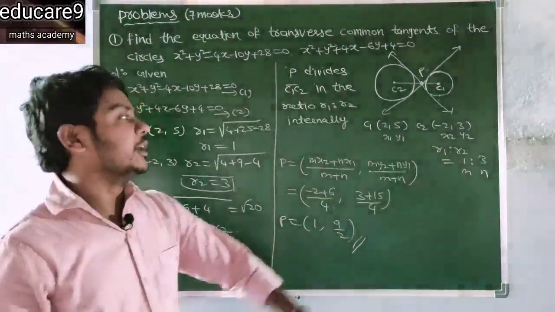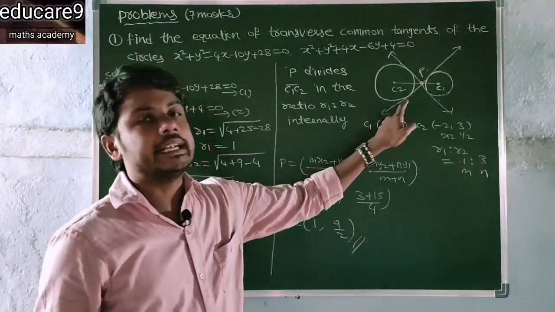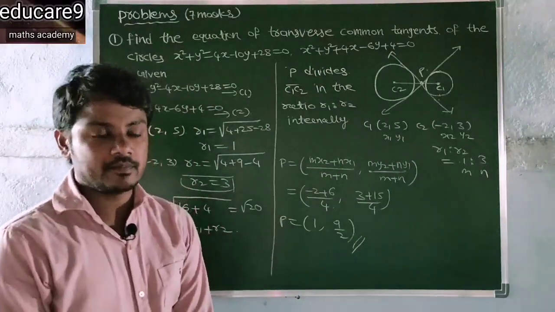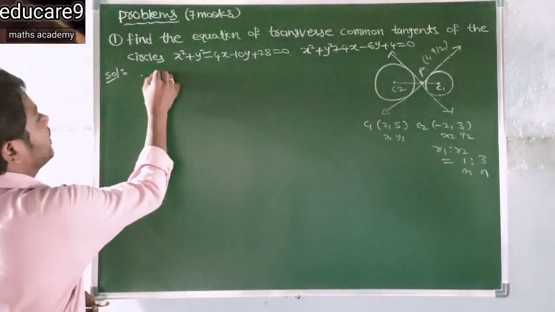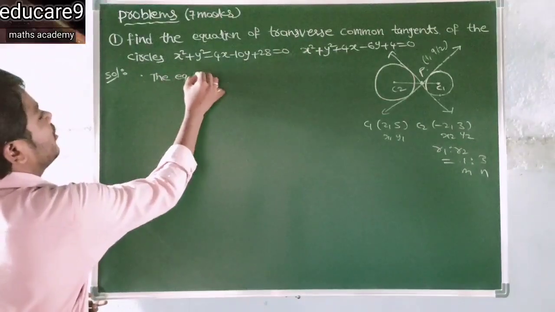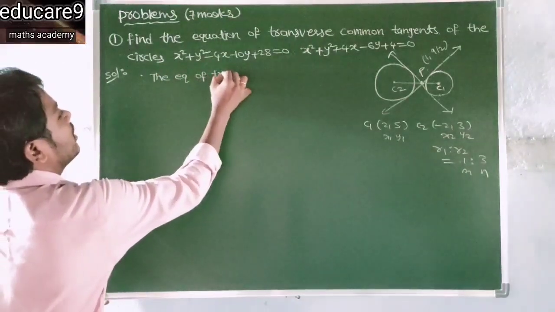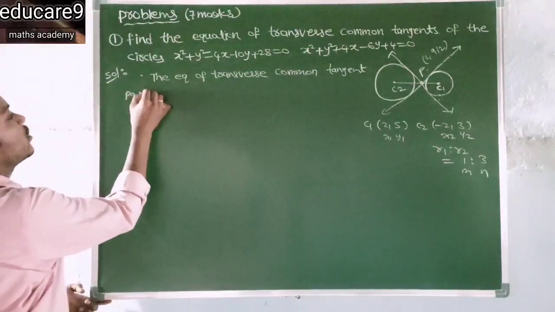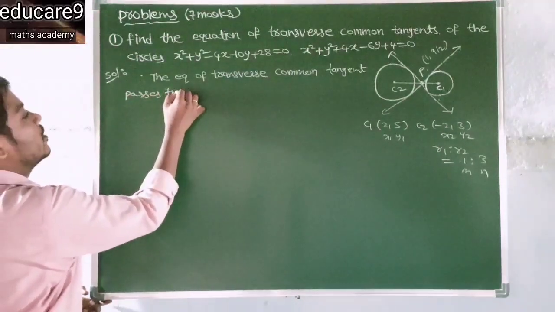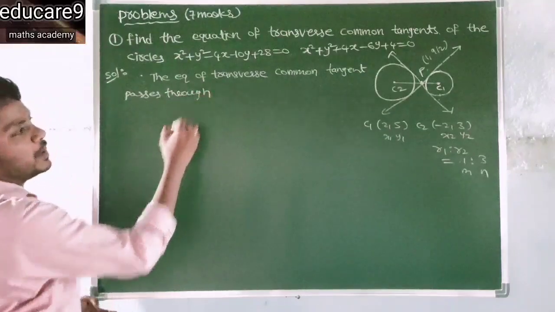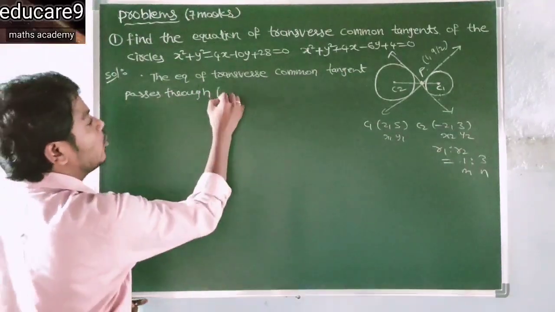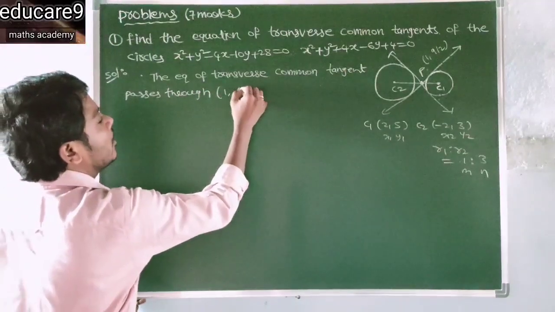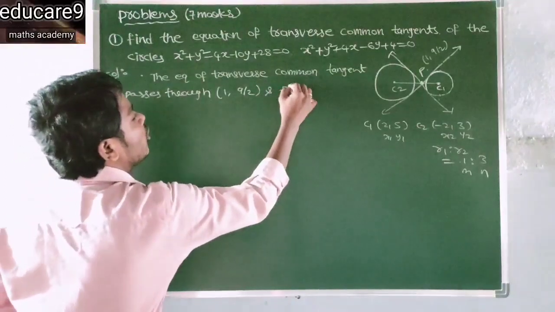Now you need to find the equation of the transverse common tangents. So therefore the equation of transverse common tangents passes through P. So what is P? That is 1 comma 9 by 2 and slope m.